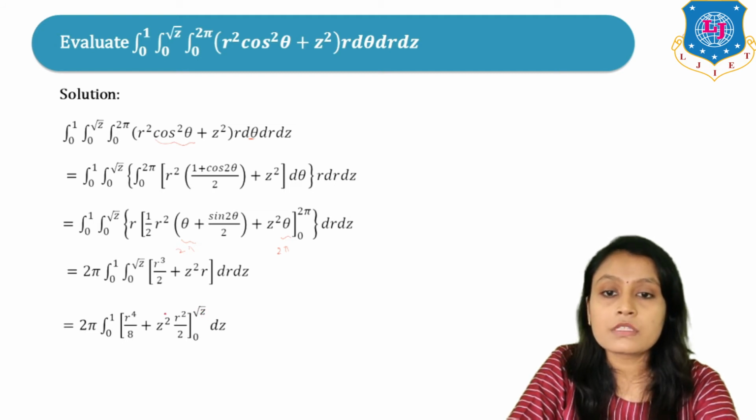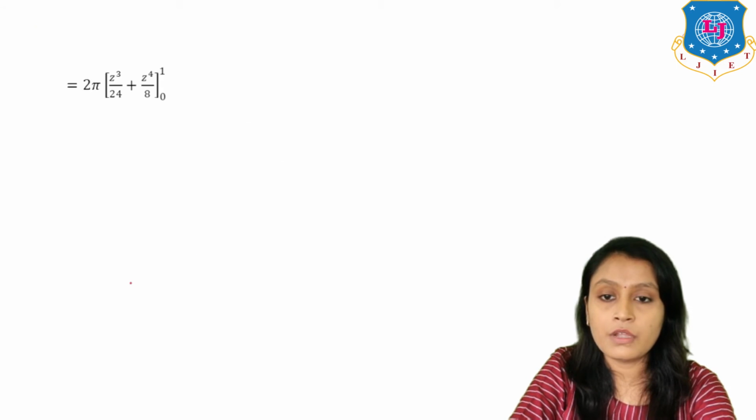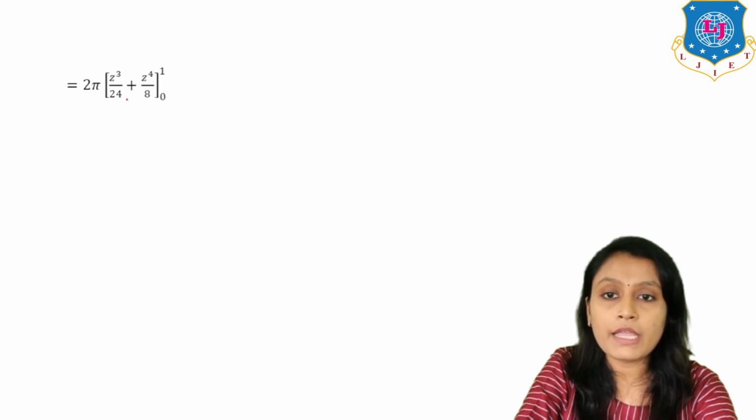Now substitute the limits: in place of r we write under root z. So you will get 2 pi integration 0 to 1 of z square upon 8 plus z cube upon 2 dz. Now we integrate this with respect to z, so you will get 2 pi into z cube upon 24 plus z raised to 4 upon 8, with limits 0 to 1.